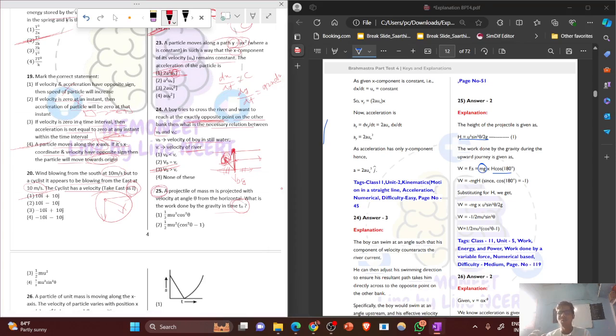If we don't know how much this time t naught is, it should be mentioned, because according to that we can calculate the displacement in that time. But here t naught is not mentioned, so don't consider this question. You can't solve the question by reading the explanation here. This is the wrong way.